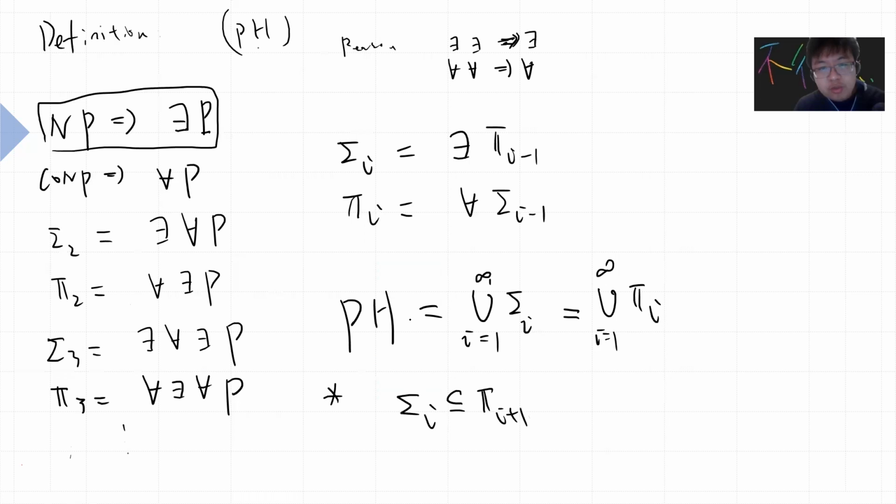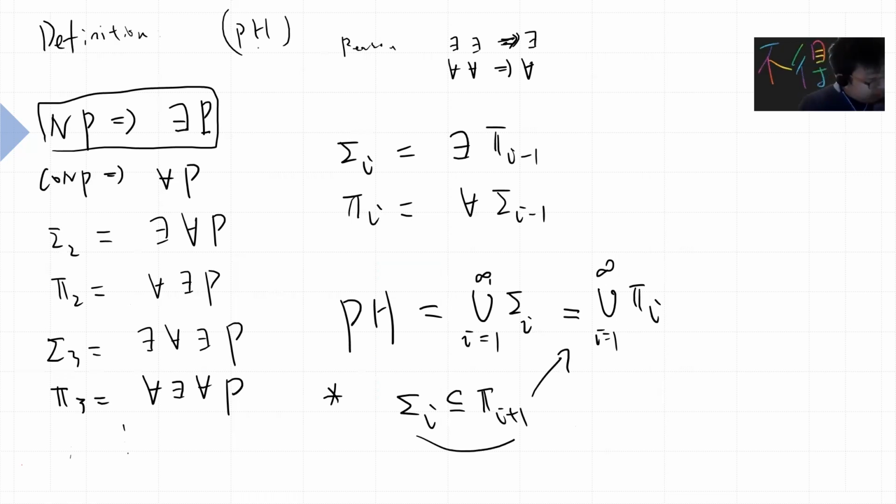Why is this true? Because pi i plus 1 is defined to be for all sigma i. So if you just neglect the for all, say somebody can solve this pi i, you just neglect the for all, then you get the subset. You can get sigma i. The for all is the stronger, more powerful constraint. Let's say I can solve this problem for every instance, then I can solve the particular instance. So sigma i is a subset of pi i plus 1. Okay, so this is true.